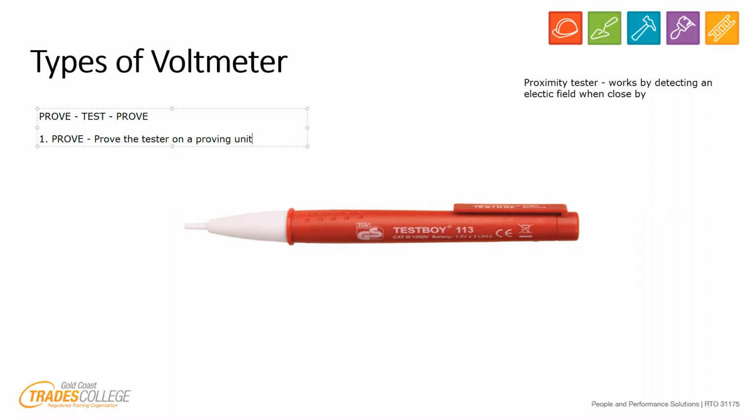If you do not have access to a proving unit, you can prove on a known supply. So let's say you're working on a lighting circuit and you're isolating it, and you know, for example, the fridge is in the kitchen circuit and you're not working anywhere near that, then if you want to use something on that circuit, that's okay. So you prove the tester to make sure it's working.